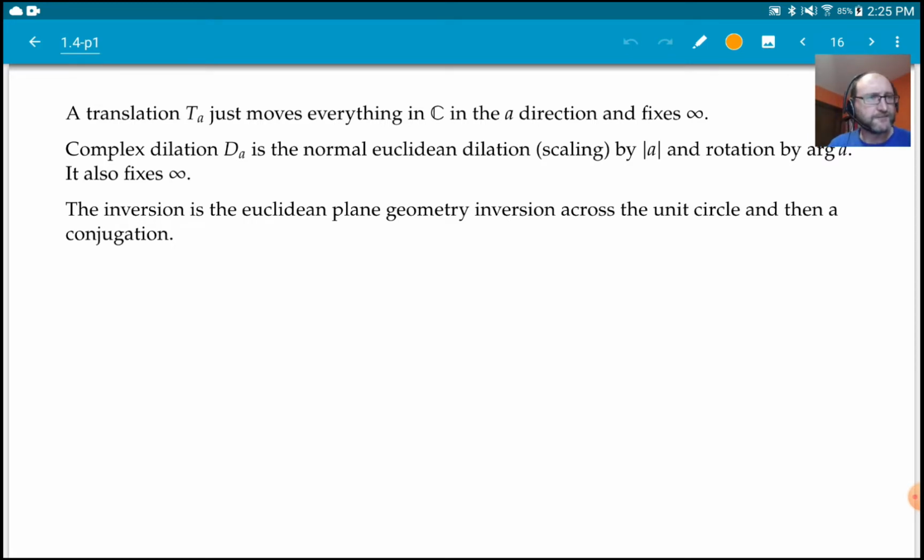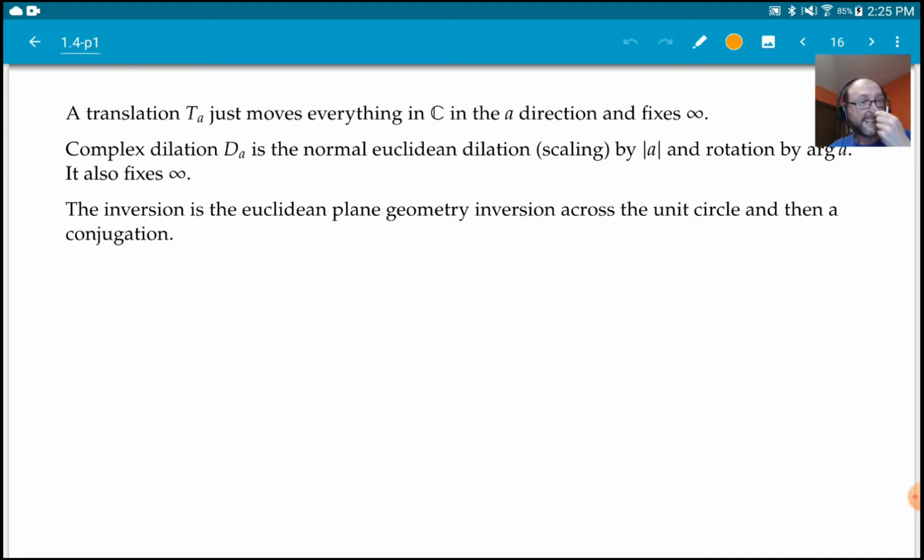Now inversion. Inversion is a little bit harder. It's also related to the Euclidean inversion from plane geometry. It's basically an inversion across a circle, but the functions that we want to study, the holomorphic functions, and LFTs are going to be holomorphic, do not flip orientation. They need to preserve orientation.